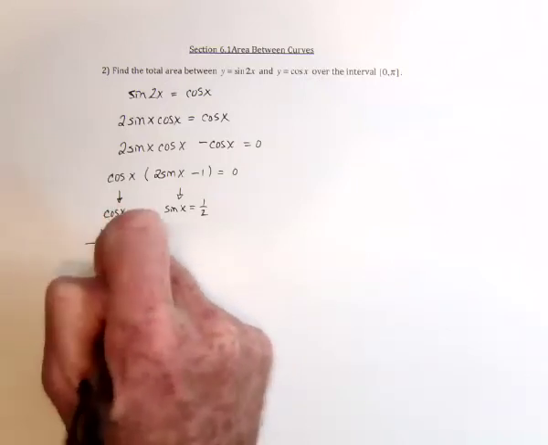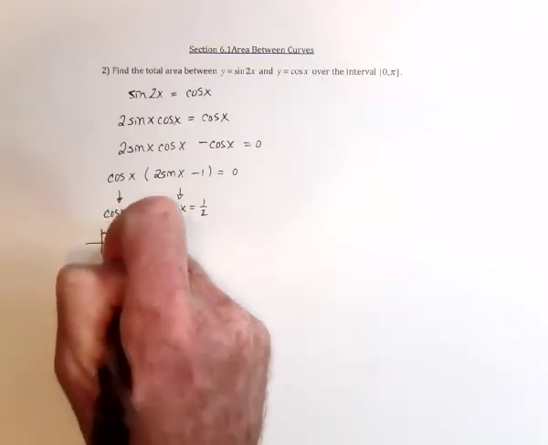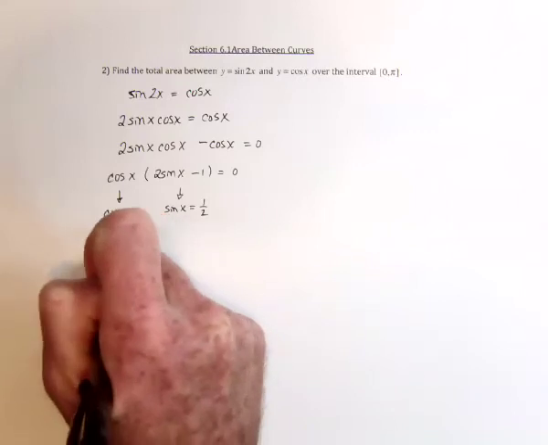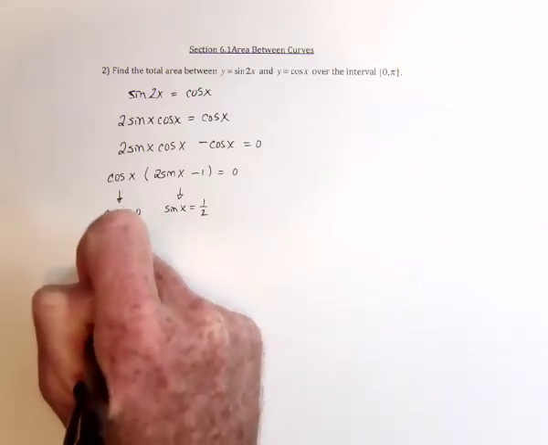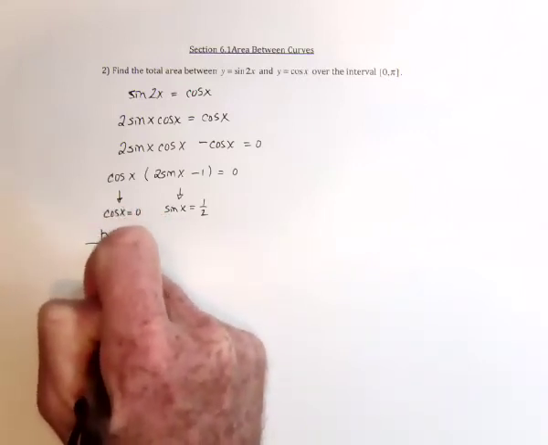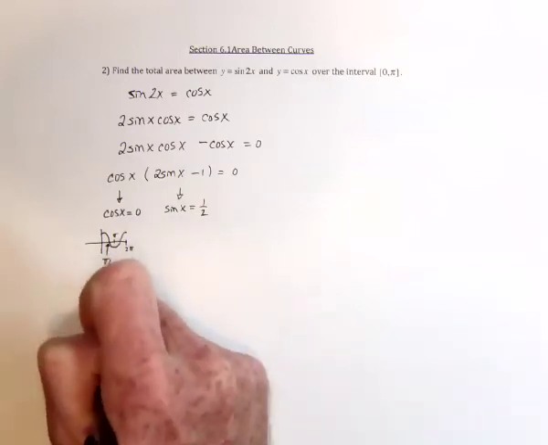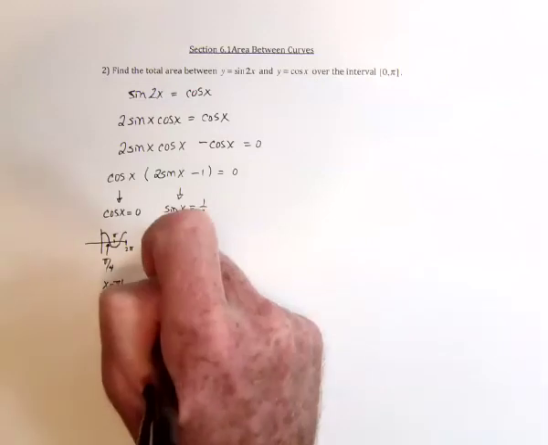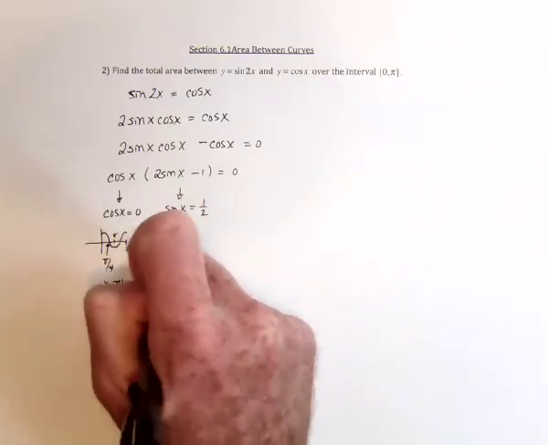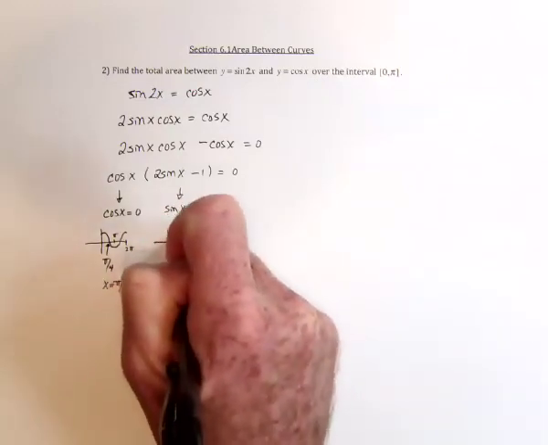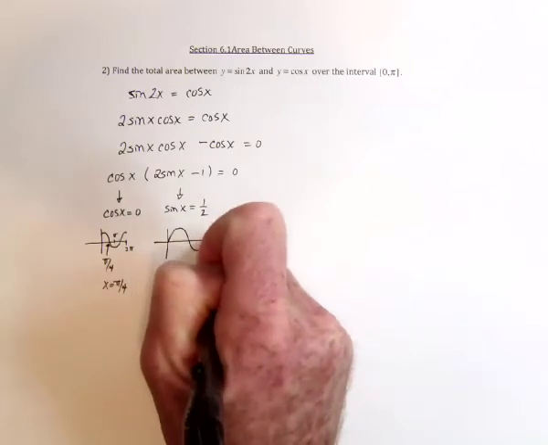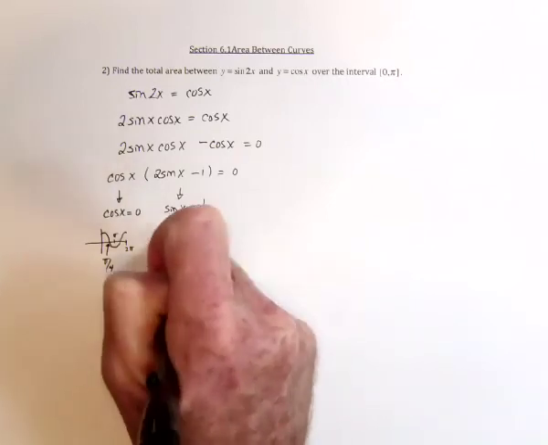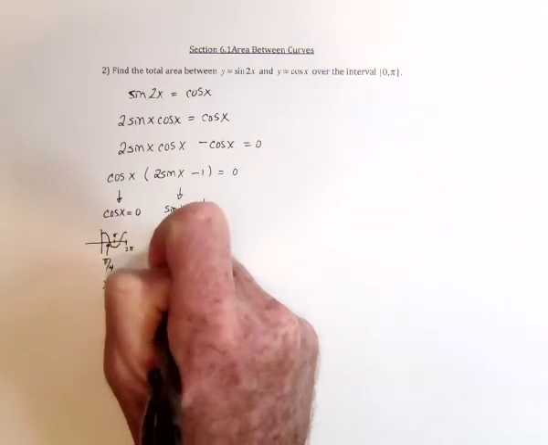So cosine equal to 0, this would be 2 pi, in the middle would be pi, so that would be at pi over 4. And when does sine equal 1/2? So 1/2 would be right here.